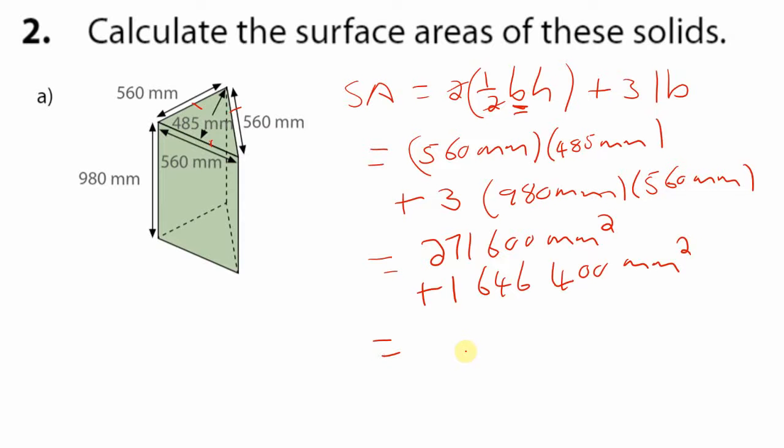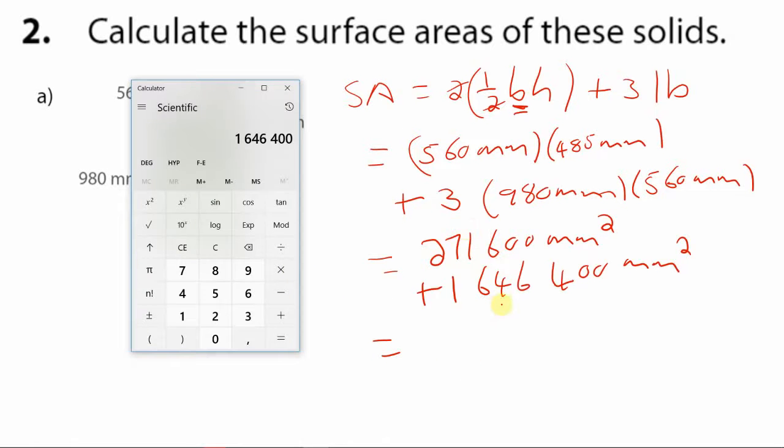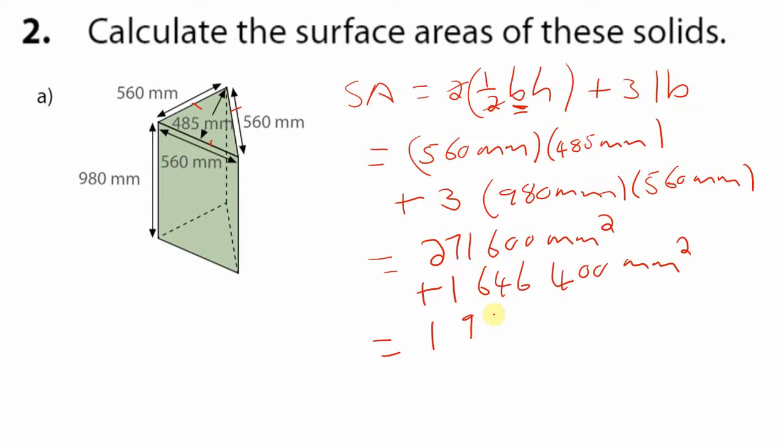Now we can simply add up. So we have 1,646,400 plus 271,600 equals 1,918,000 square millimeters.